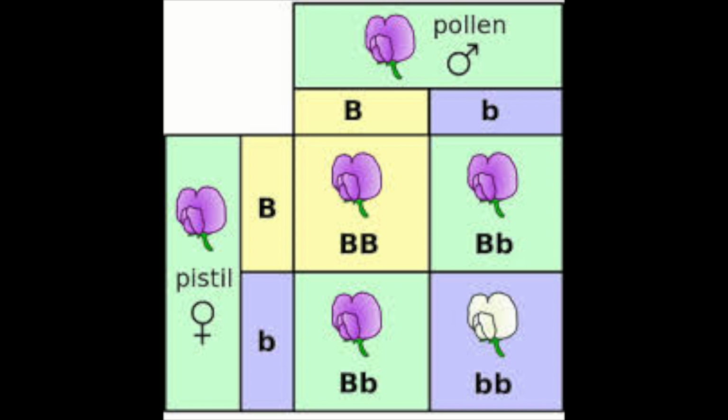So we are going to proceed. P by P is going to be double capital P, and the other parents are going to be multiplied.